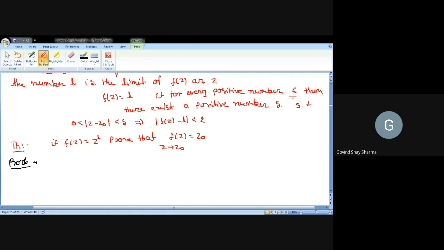Now, how to prove? We will show that as z tends to z0, f(z) also tends to z0 squared.